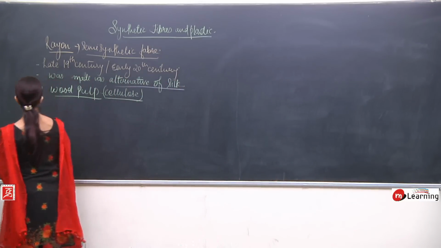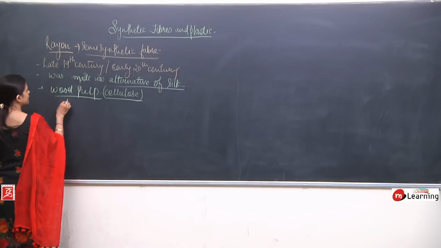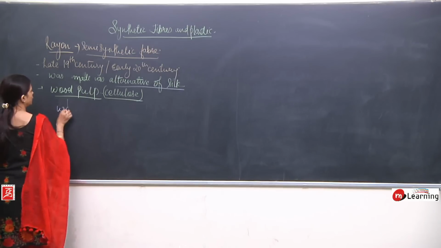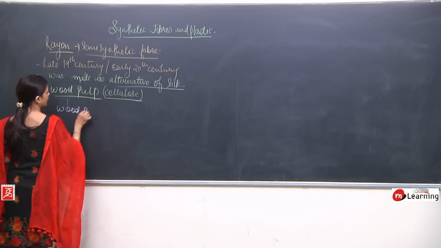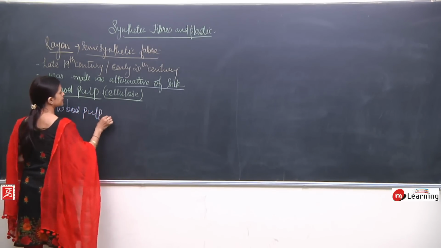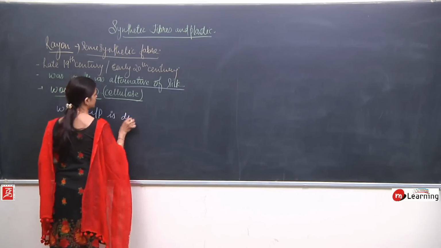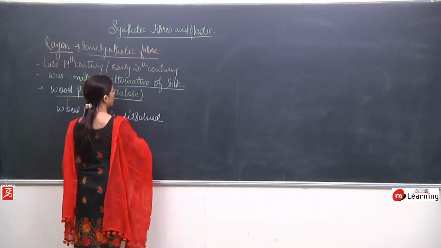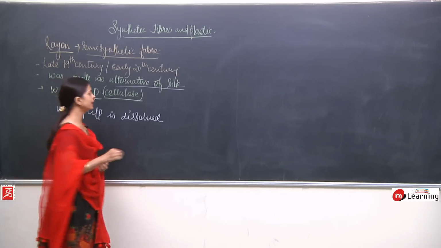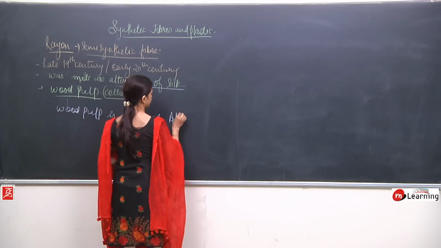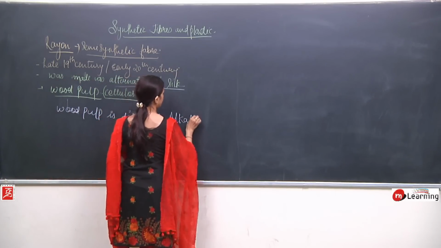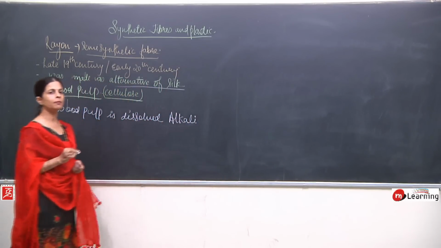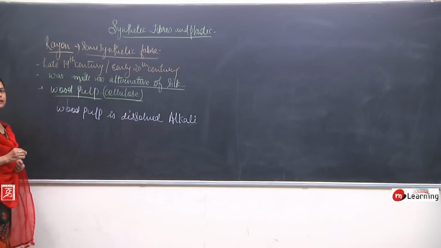So first of all, wood pulp is dissolved in alkali.